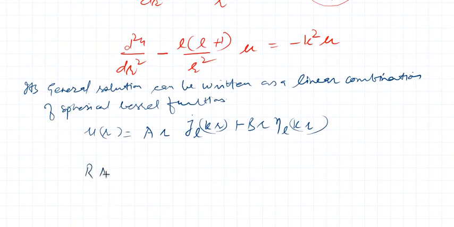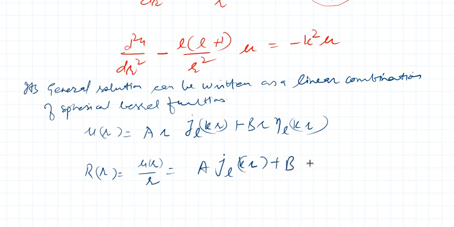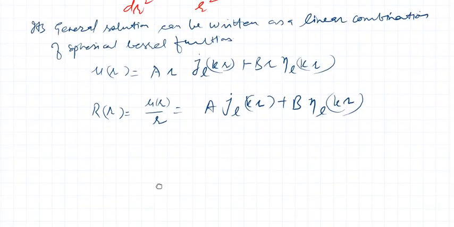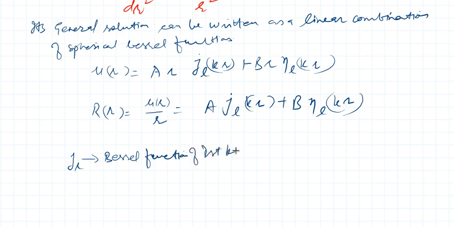So R(r) will be u(r) divided by r. So it is A j_L(kr) plus B eta_L(kr). Right? And what are this j_L and eta_L? j_L is the Bessel function of first kind, and eta_L is the Bessel function of second kind.